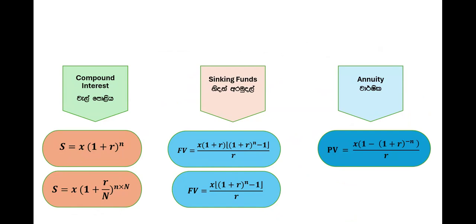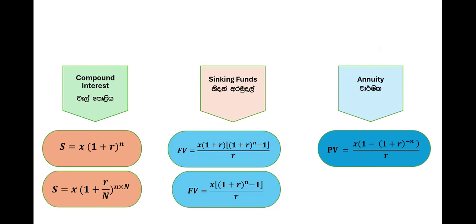Right. Now, here we have another three topics. Earlier, I discussed three topics. What are those? Simple interest, effective annual rate, and present value. Right. This is the main thing.